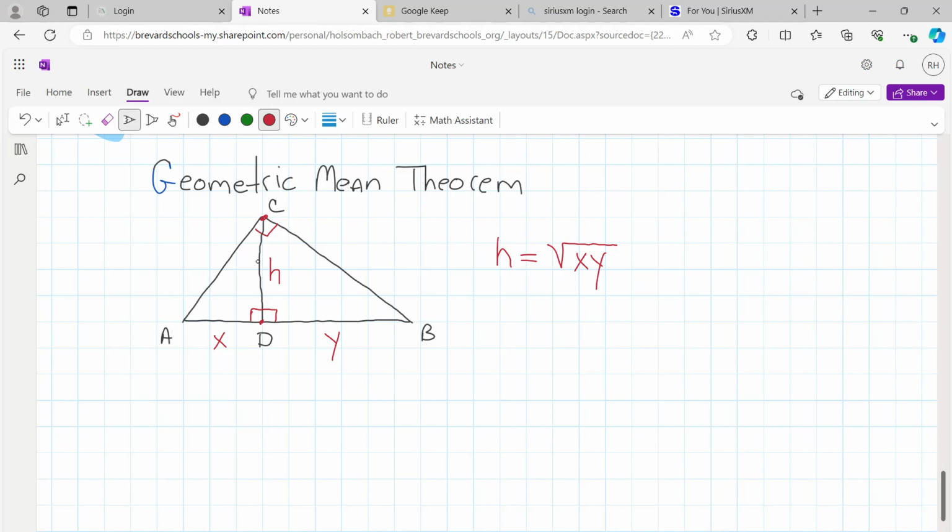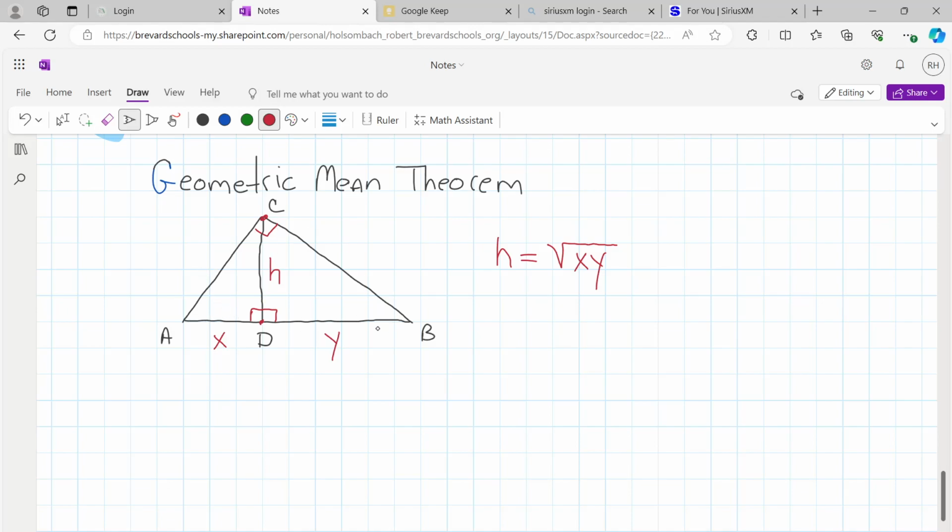The altitude drawn to the hypotenuse is equal to the square root of the product of the two pieces that it creates. Okay? Before we drew in CD, we just had one big right triangle.